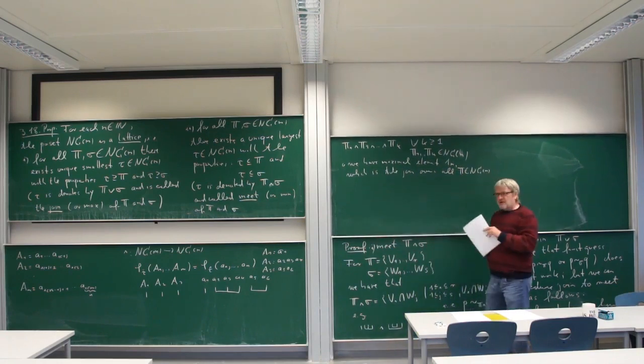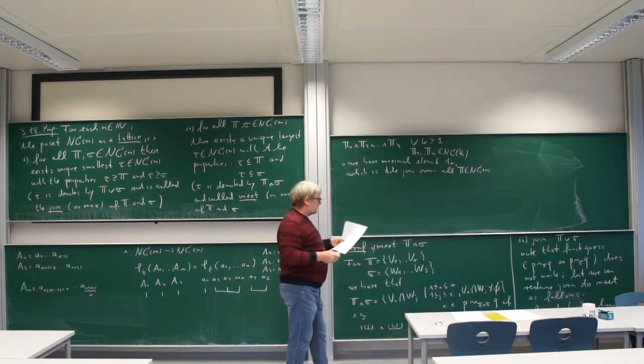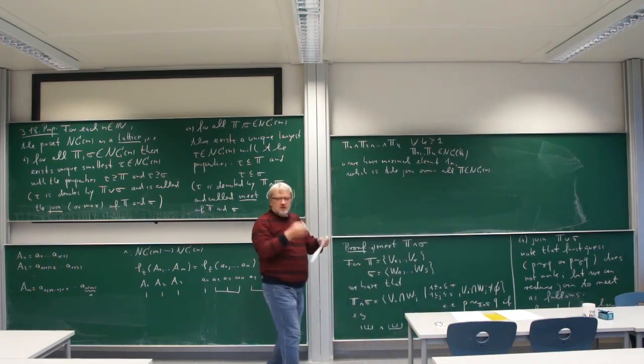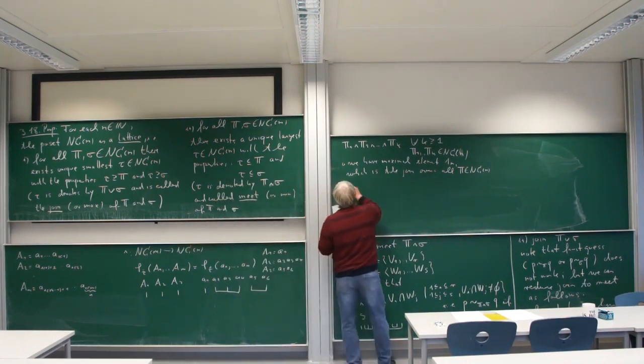Good. Okay, and now we can write the join of something as the minimal element with some properties, but the minimal element is the meet.